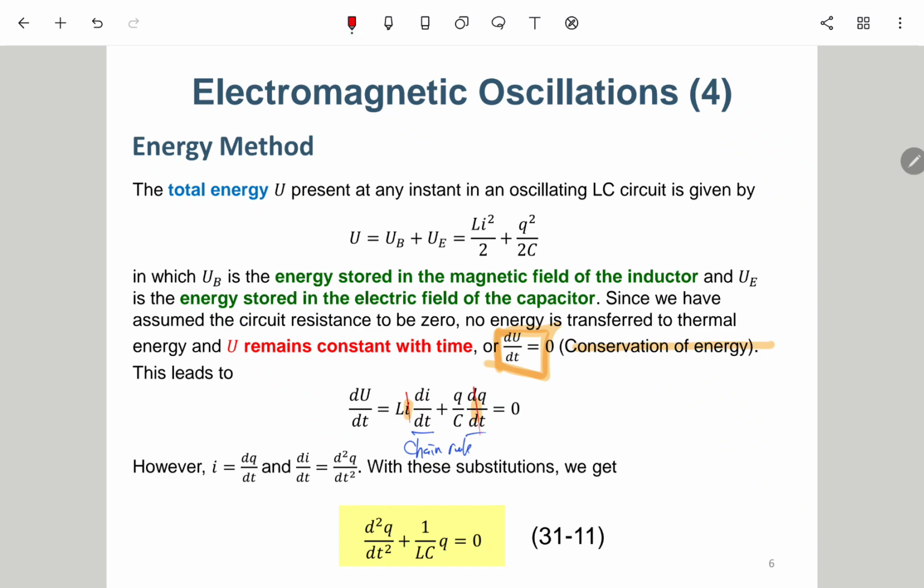And then we also take the derivative on both sides, so we have di/dt equals the second derivative of q. So we substitute di/dt by this second derivative.